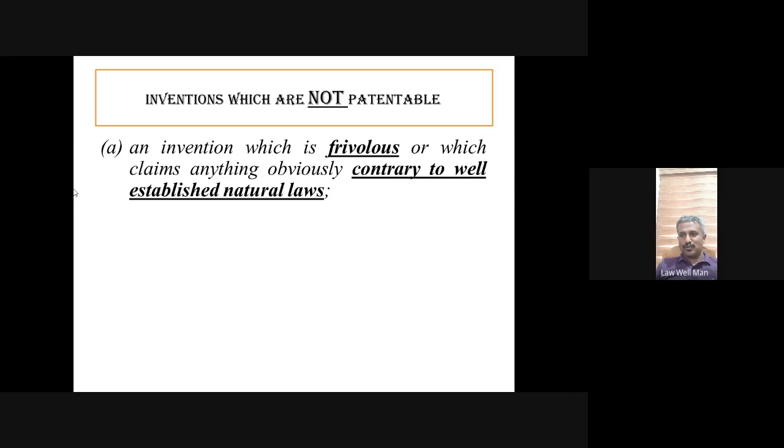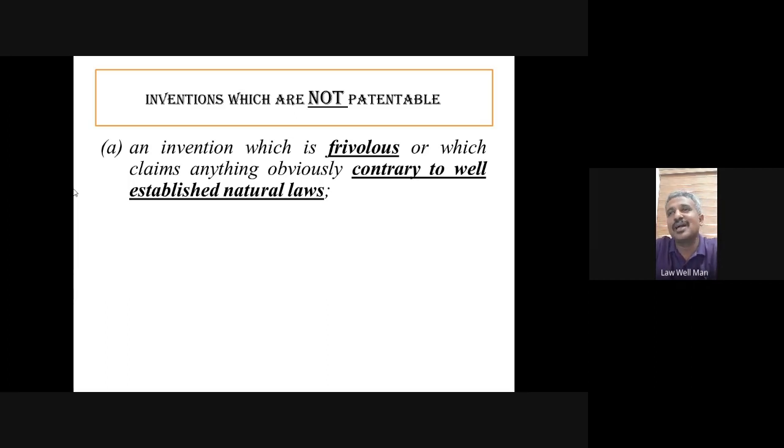An invention which is frivolous, or which claims anything obviously contrary to well-established natural laws. There is an invention. That invention is a frivolous invention. Frivolous is a negative word.